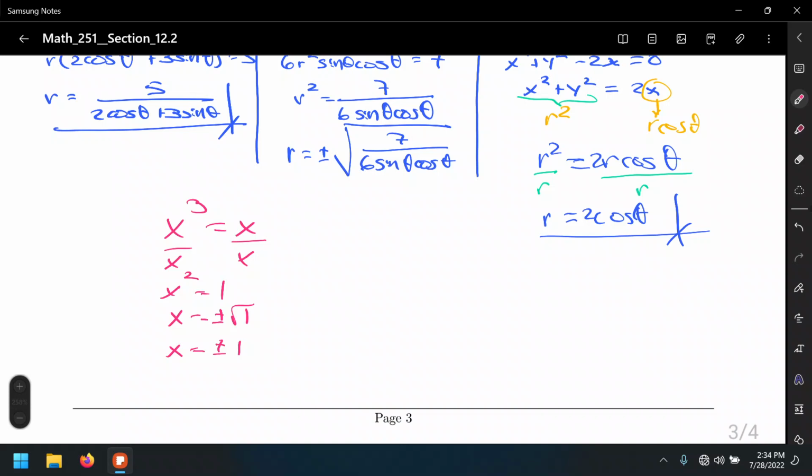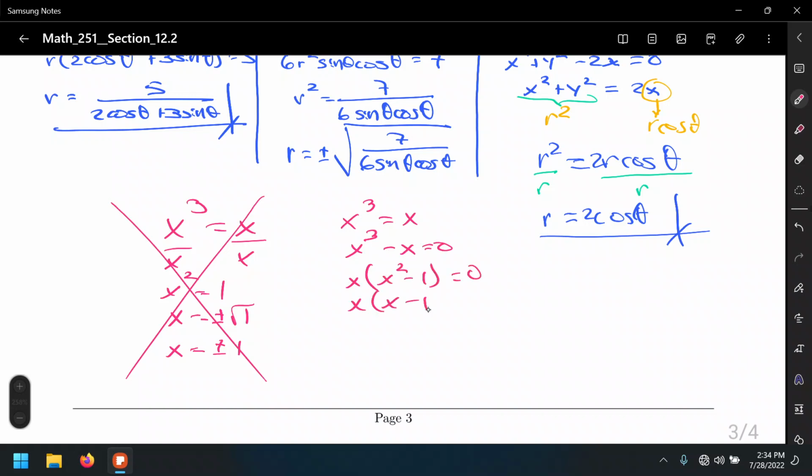So in fact, this is the incorrect way to do it. We have to have all terms on one side of the equation and factor, and this means x equals 0, x equals 1, and x equals negative 1. So there are our 3 solutions. The reason this is incorrect is that the minute we divide by x, we are potentially dividing by 0.